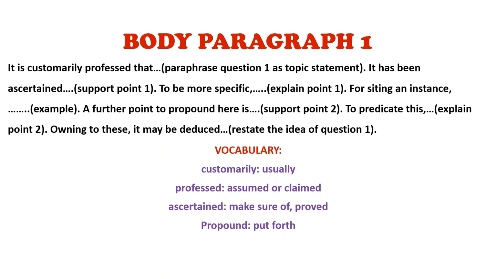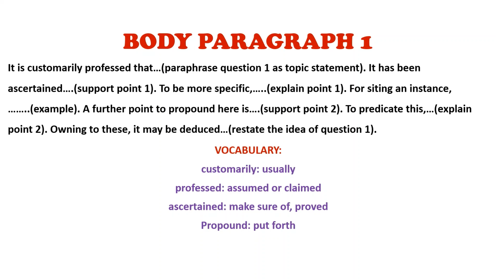I'm going to say it has been proved that it will have more robotic features, or artificial intelligence will be in every house, something like that. You have to give the support point, or the explanation of the first reason how it is going to change in future. So your first point will be written there.